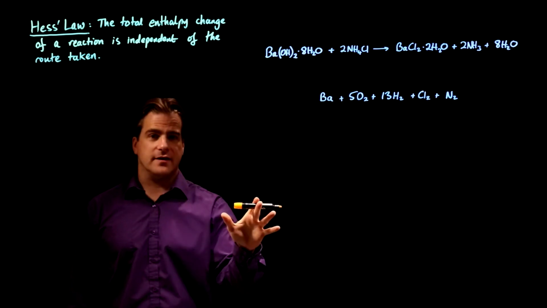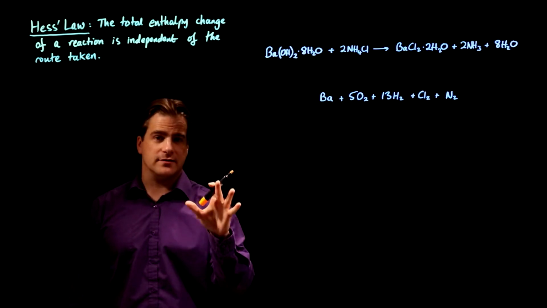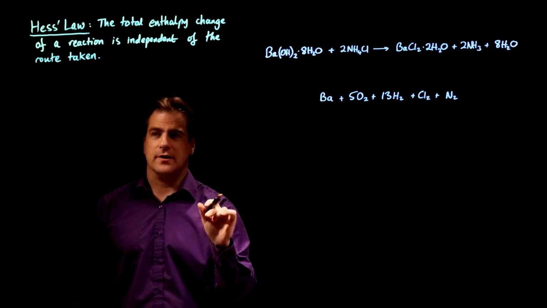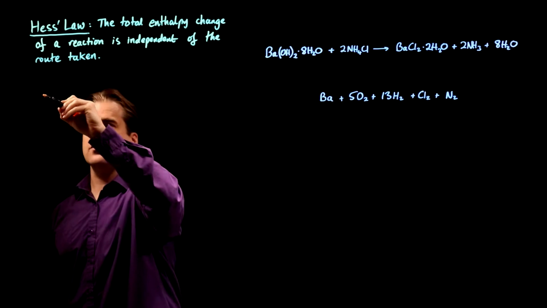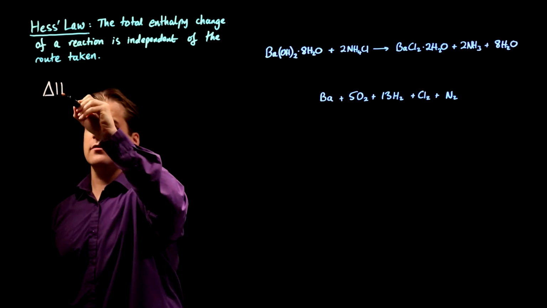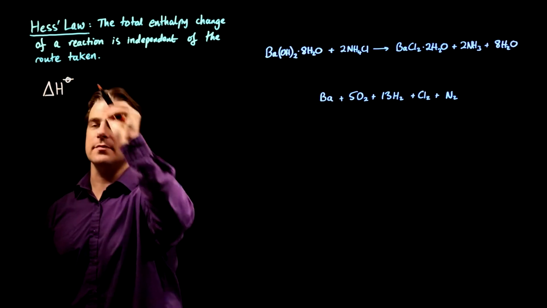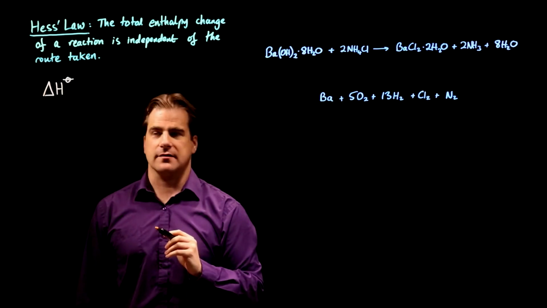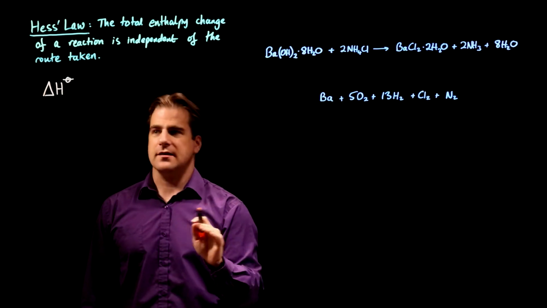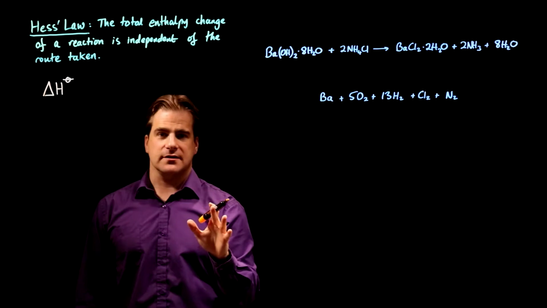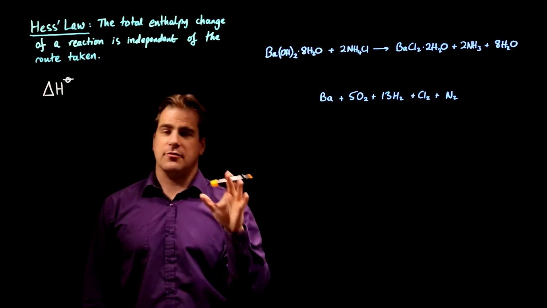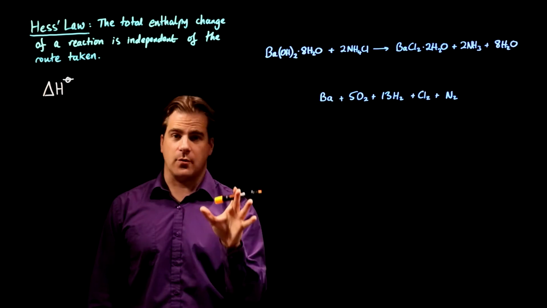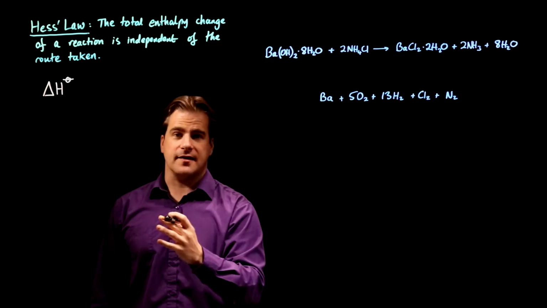Now, before we go into this, we need to go into delta H in a bit more detail. So, delta H is often written with this funny little symbol at the top of it, like that. Now, all that means is that the delta H was measured under standard conditions, which means a pressure of 100 kilopascals, which is about 1 atmosphere, and the stated temperature.